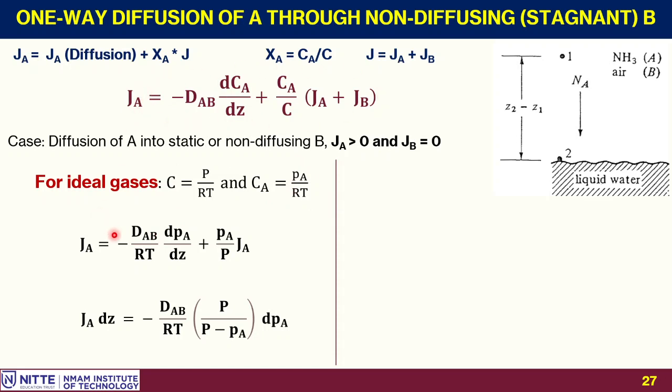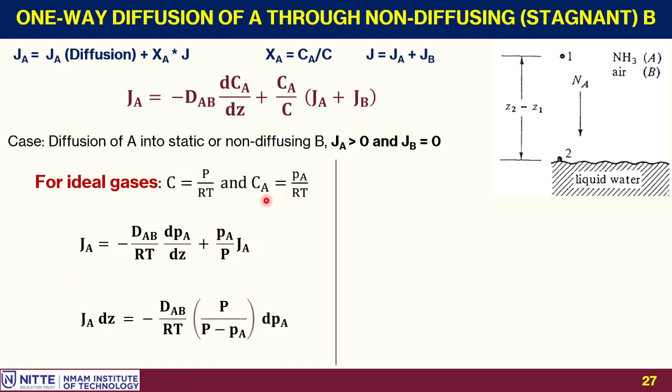So I'll write JA is equal to minus DAB. CA, I'll write it as PA by RT, right? So PA by RT, that RT I can take outside, plus CA by C, I can write it as PA by P, right? CA I can write as PA by RT, C I can write as P by RT. RT gets cancelled, I'll get PA by P, JA, because JB is 0 there.